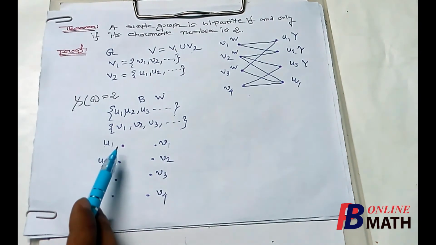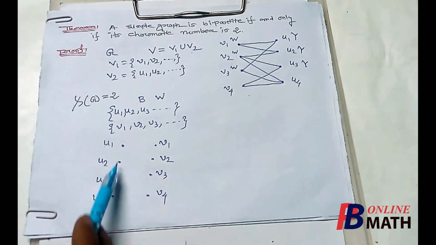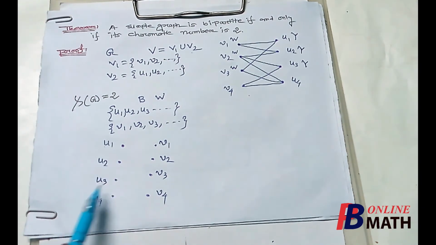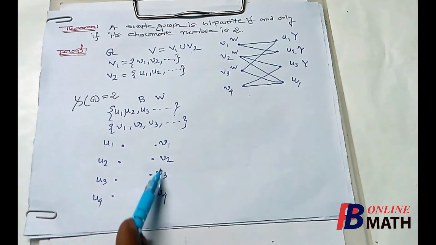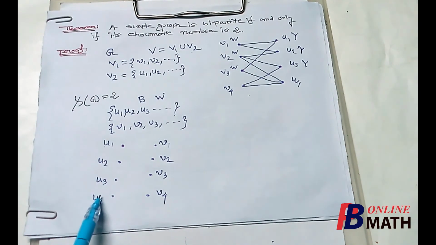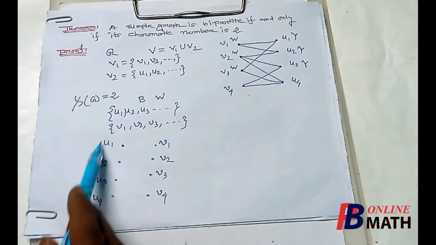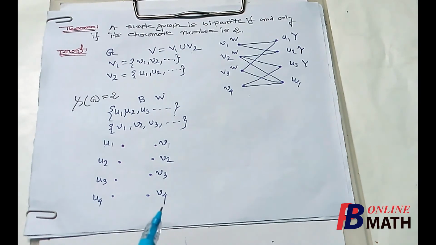But there may be an edge between a vertex of U1, U2, etc. and a vertex of V1, V2, V3, etc. So there exists no edge between any two vertices of this subset, and there exists no edge between any two vertices of this subset.